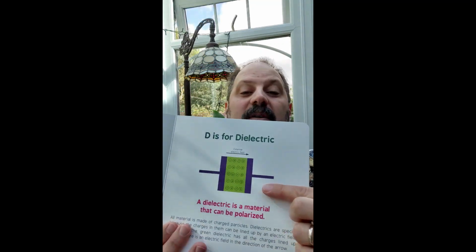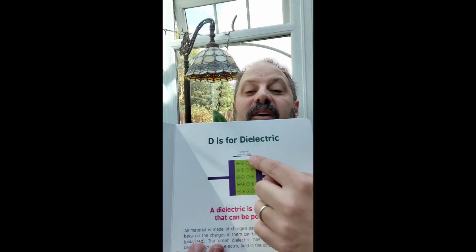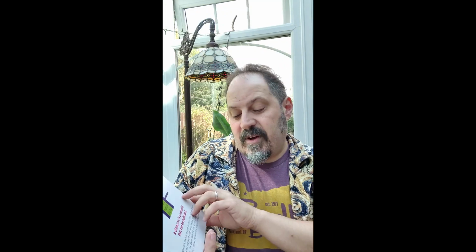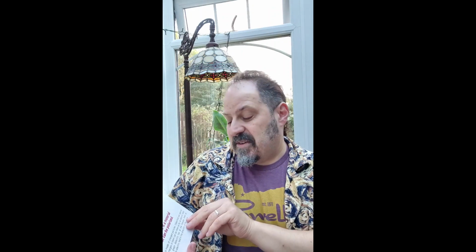All right. D is for dielectric. Okay, so dielectric is a material that can be polarized, and you see it's got little charges on there, pluses and minuses, and there's an external electric field that even shows that. Well, all material is made of charged particles, right? So even you and I are made of charged particles, and the book that I'm holding is made of charged particles, and even the phone that I'm using to record this is made of charged particles.